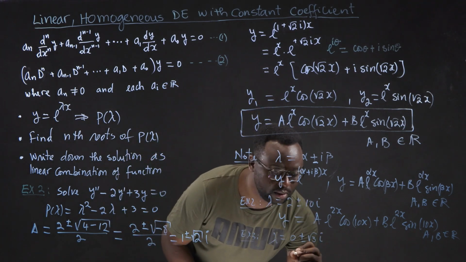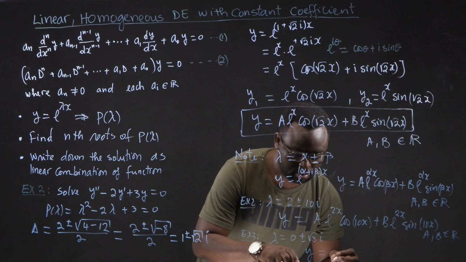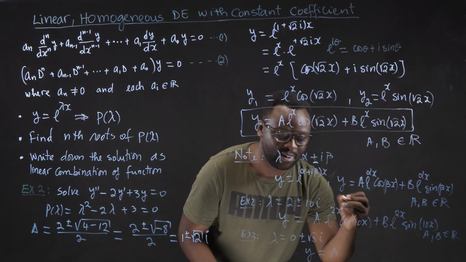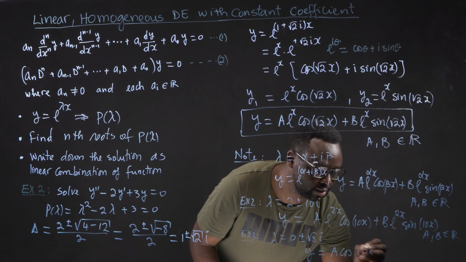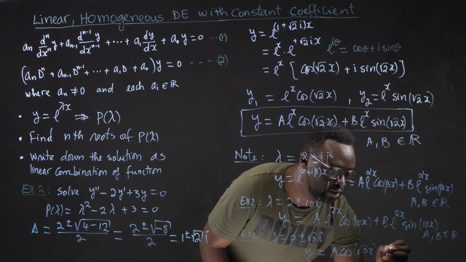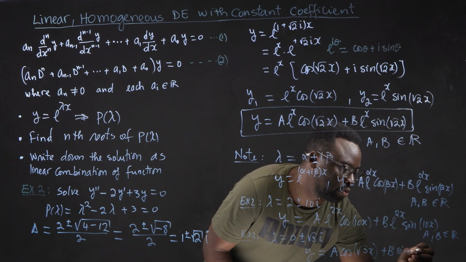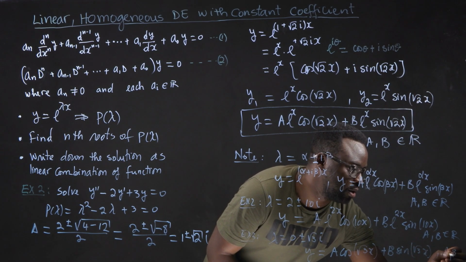So this is y equal a times exponential to the power 0, which is 1, cos root 3x plus b sine root 3x, with a and b in R.